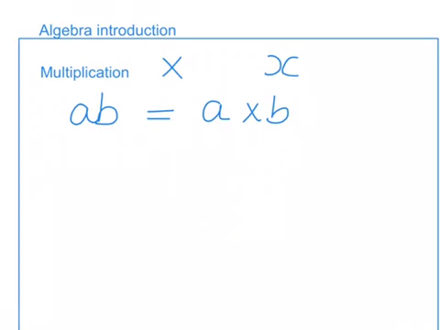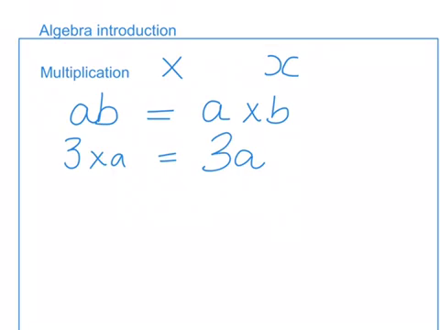Sometimes you may see it with dots, but usually you'll just see the two terms written next to each other. That avoids any confusion with x signs and multiplication signs, or the letter x getting mixed up with each other. And similarly, if I wanted to say that I'd got 3 lots of a, or 3 times a, 3 multiplied by a, I would not write 3 times a, I would just write 3a.